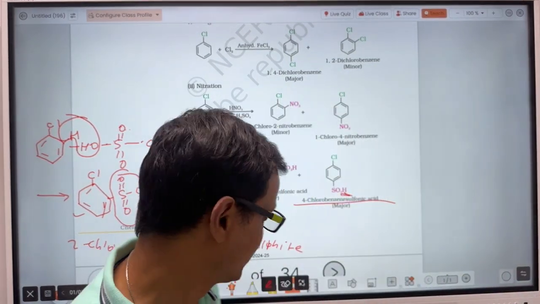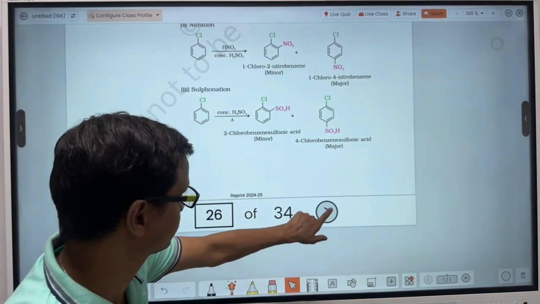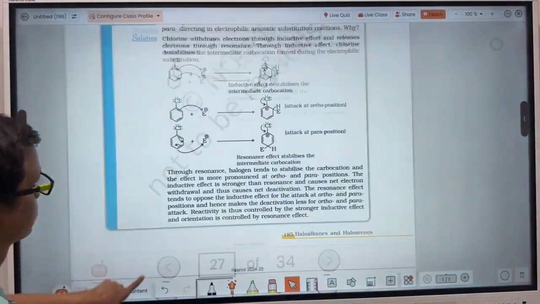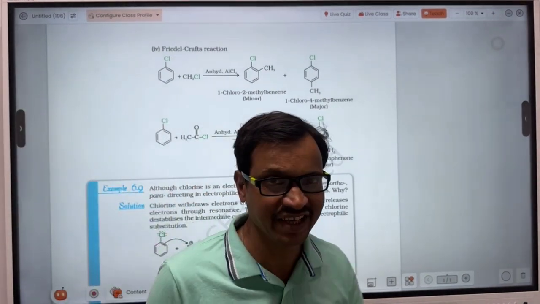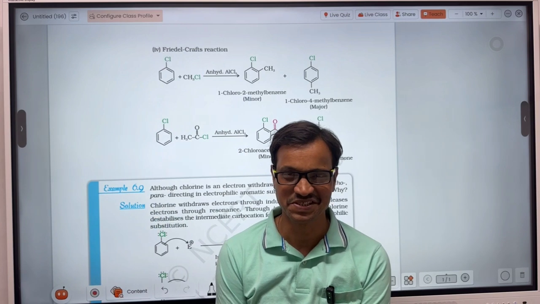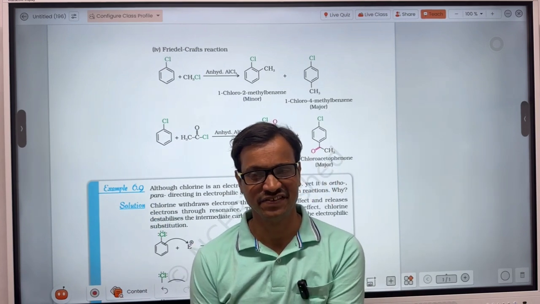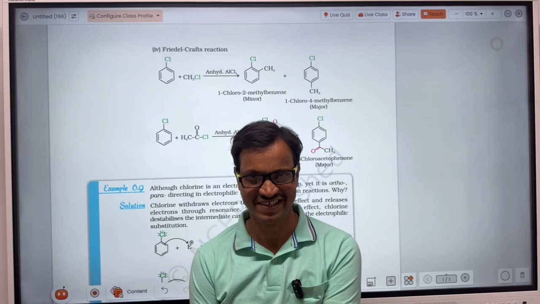Clear guys? Now let's see. A very important question it is, and in the CUET examination there was a question: during Friedel-Crafts reaction, what's the catalyst used? Very simple.